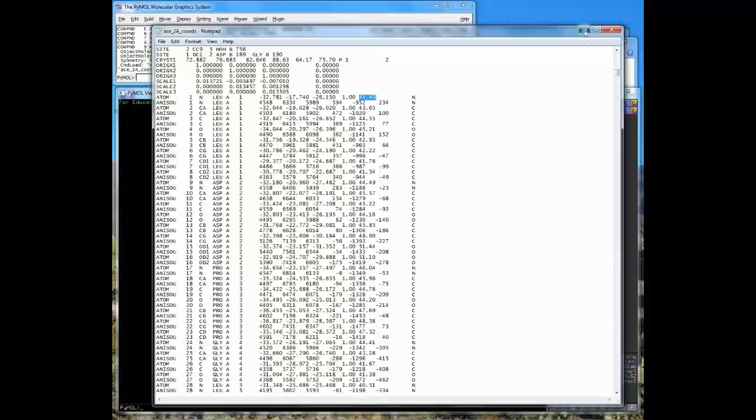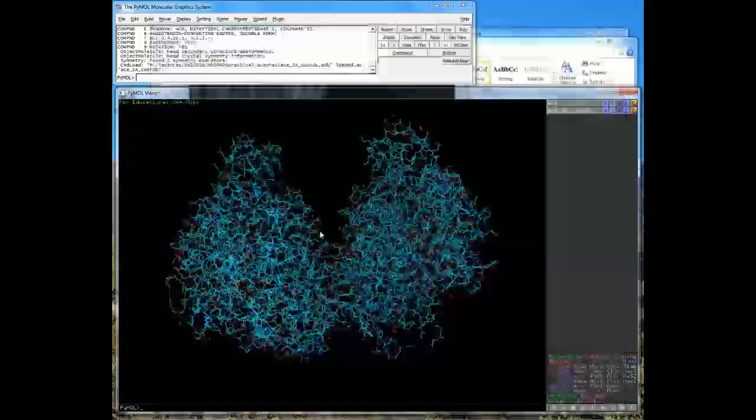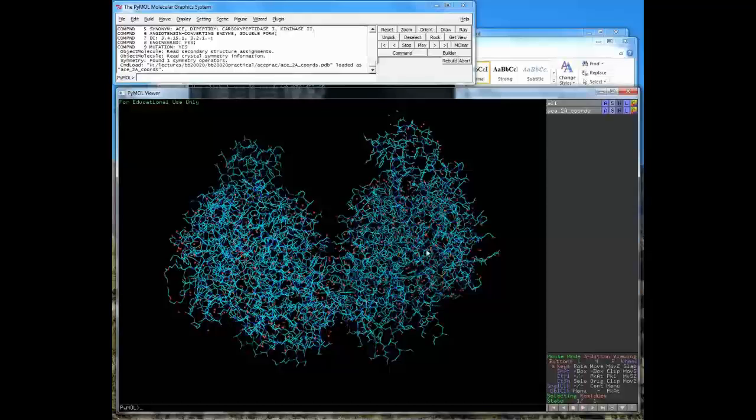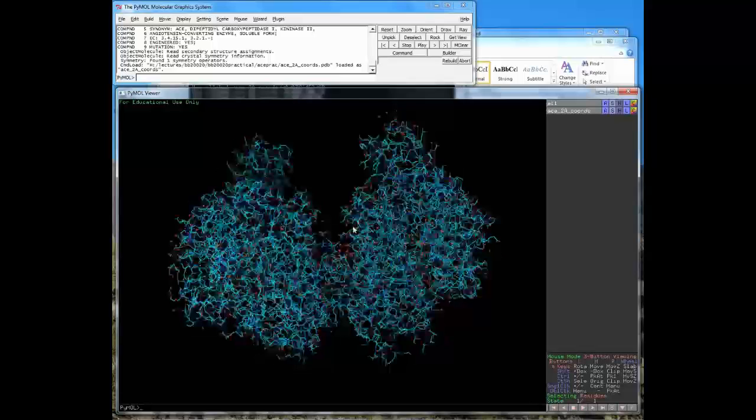So if I just minimize this a minute, a much easier way to look at this information is to display your PDB file in a program such as PyMOL, which you'll get to use later in the semester. You can see here we have 2 molecules A and B in our asymmetric unit. Don't worry about that yet, but basically it means we've got 2 versions of what our molecule looks like.